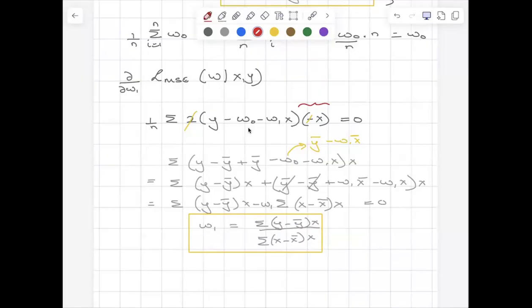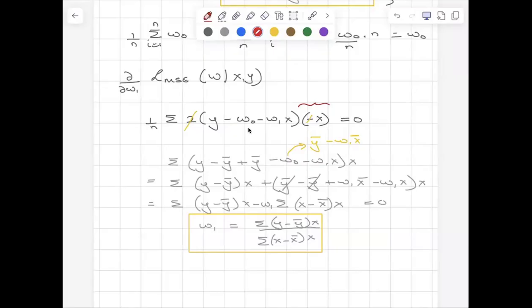Okay. And at a high level, what I want you guys to recognize is this. I started with that loss function and I said, how do I calculate the values of w0 and w1 so that that loss function is minimized? And how did I minimize it? I took the derivative, set it equal to 0, and I solved for w0 and w1. And what I get is called a closed form expression. It's a formula.